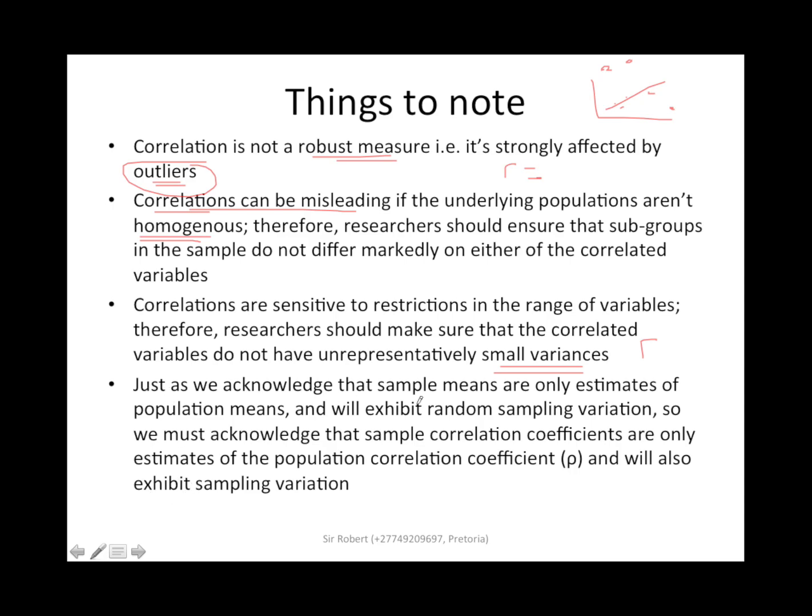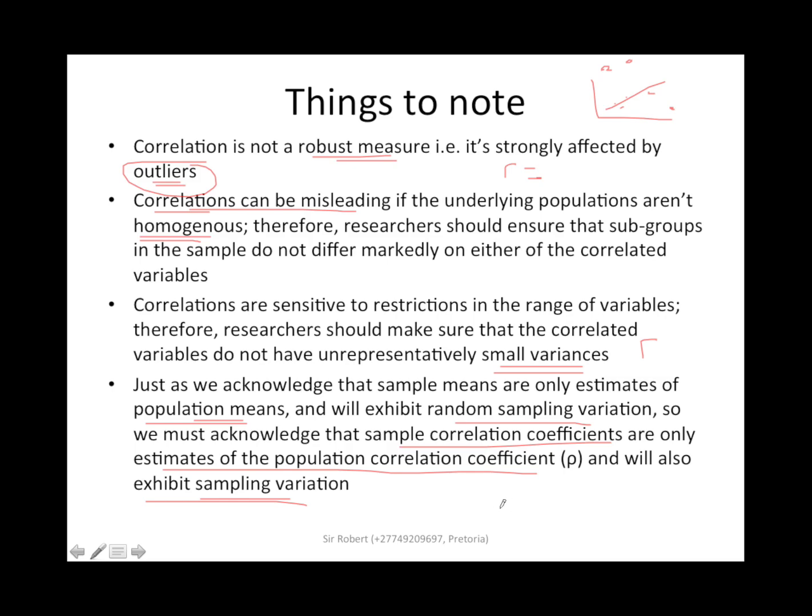Just as we acknowledge that sample means are only estimates of population means, and we exhibit random sampling variation, so we must acknowledge that sample correlation coefficients are only estimates of the population coefficient, and we also exhibit sampling variation.